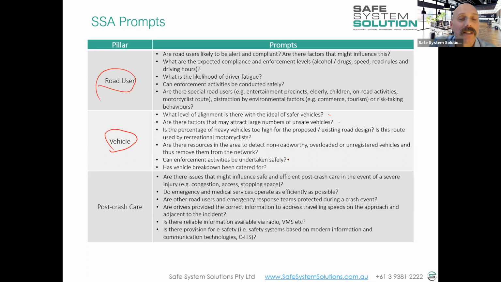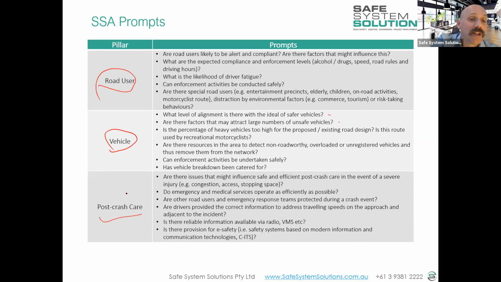Can enforcement of these activities be conducted safely? Has vehicle breakdown been catered for? Vehicle breakdowns, that one often is a motorway style or a very high volume arterial one where there's not maybe space for breakdown, or maybe there's continuous barrier systems close to the road.